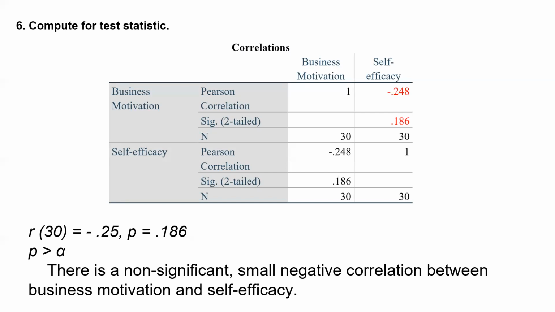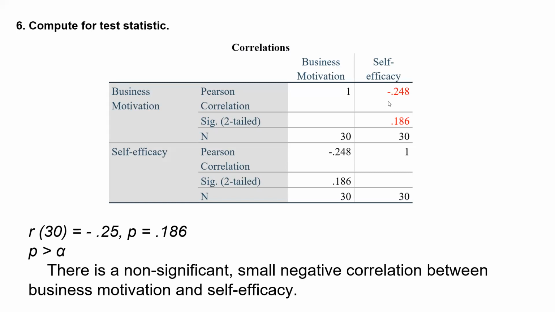So how do we write the value? You write r first. Inside the parentheses, you write the N. Take note, it depends on the university, the school, and also the panel members, how they wish to have the results written. But for now, inside the parentheses, I will place the value of N. So r(30) equals this, your Pearson correlation, negative.